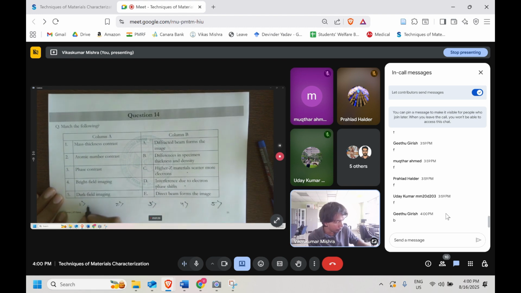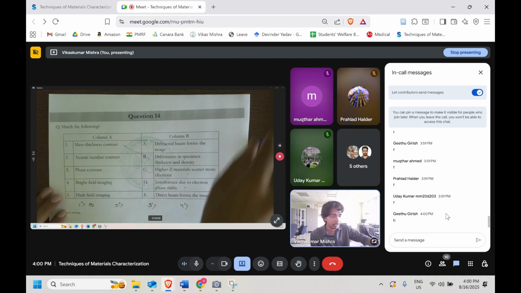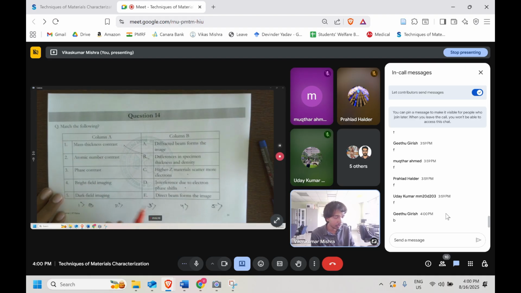Very good. Yes, it's option B. Mass thickness is the difference in the specimen due to the thickness and the density. Right? This is what we have seen in the mass thickness contrast.